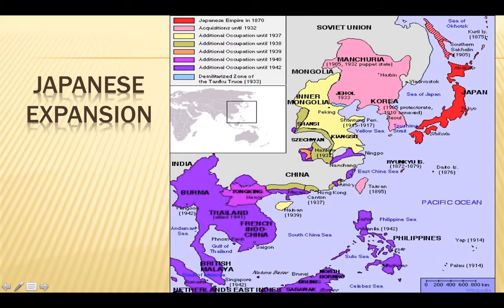So this whole section of the Pacific Ocean is an area that the Japanese are going to come into. And this is what we're seeing in the world. If you're envisioning the United States is over here, Hawaii would be about over here. So this is where we are in the world.